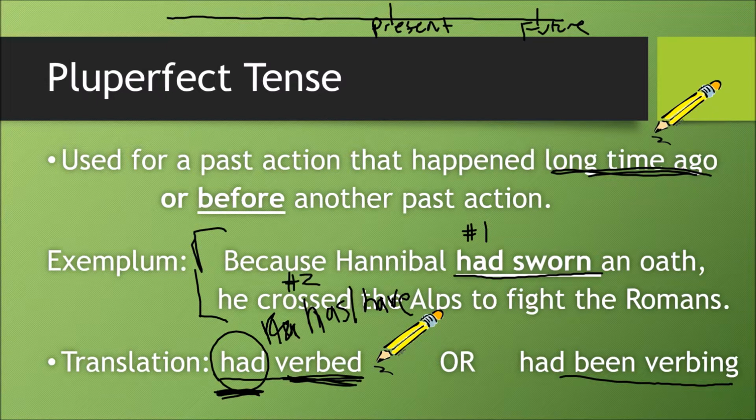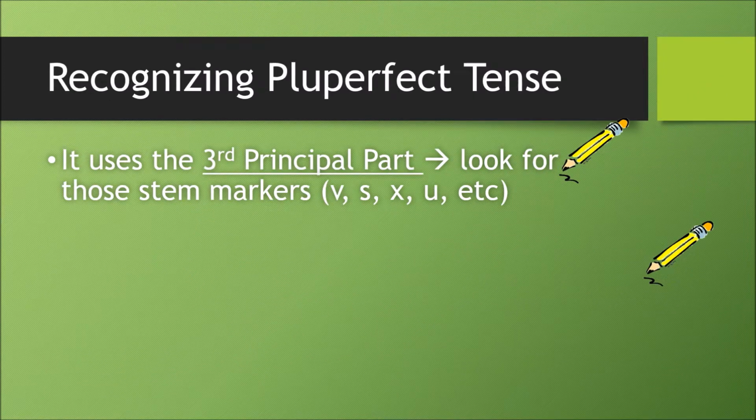Both of these are in the past, but one of them has to happen before the other. And in this example, Hannibal had to swear the oath before he could cross the Alps. Both of these verbs are in the past, but swearing the oath has to happen before the second verb, which is why had sworn is in our pluperfect tense in English.